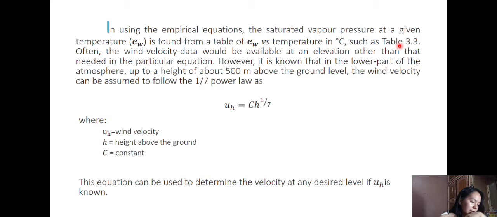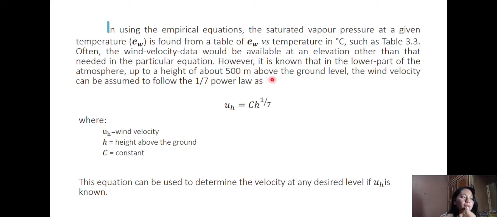Table 3.3, you can find or view in the provided reference book on page 72. Often, the wind velocity data would be available at an elevation other than that needed in a particular equation.